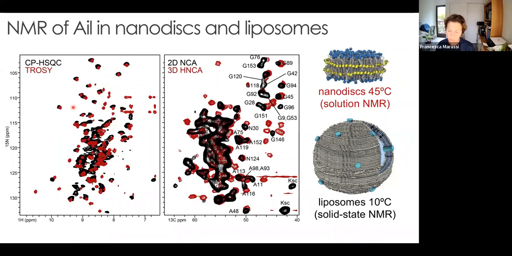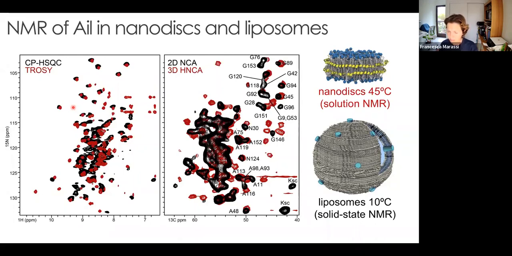So what these types of spectra have allowed us to do has been to not only collect a number of restraints, and I'll show you more in just a second, but also obtain a number of assignments for the various regions of this beta barrel that allow us to map protein-protein and protein-ligand interactions.